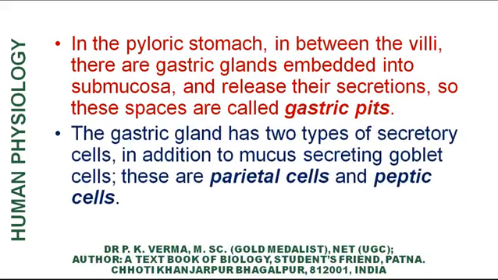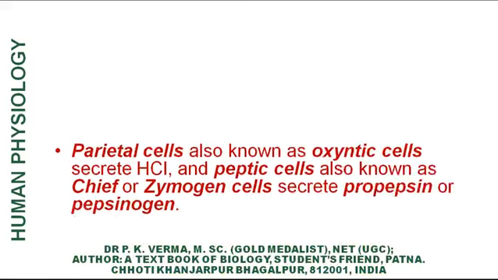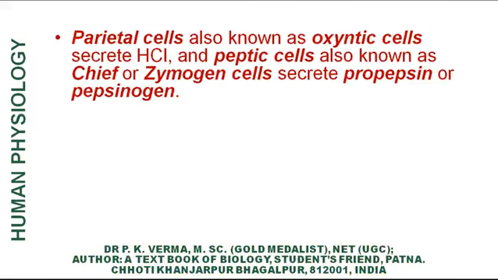These are parietal cells and peptic cells. The parietal cells, also known as oxyntic cells, secrete hydrochloric acid, and peptic cells, also known as chief cells or zymogen cells, secrete propepsin or pepsinogen.